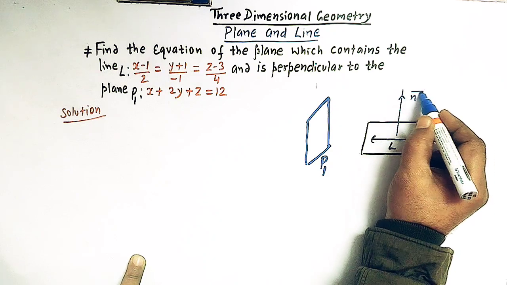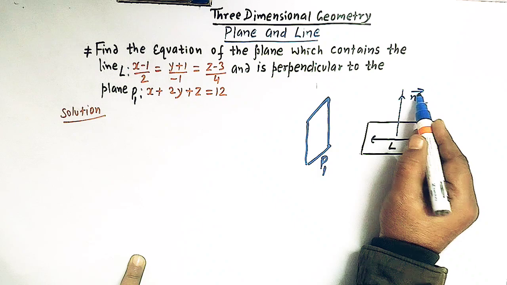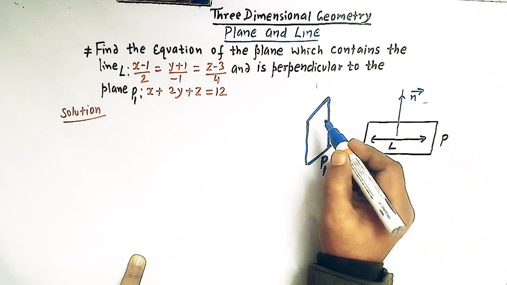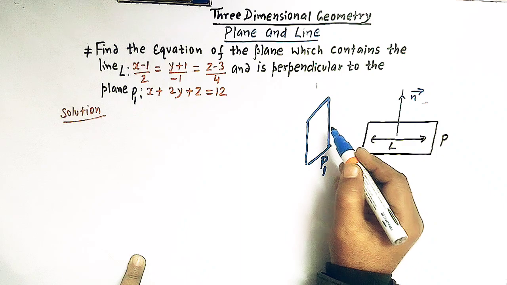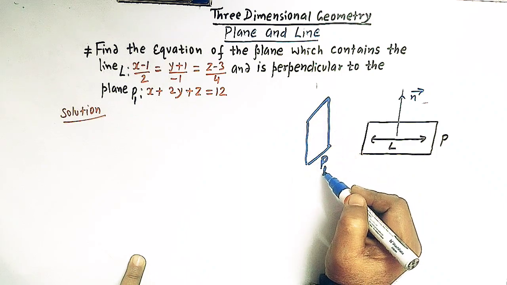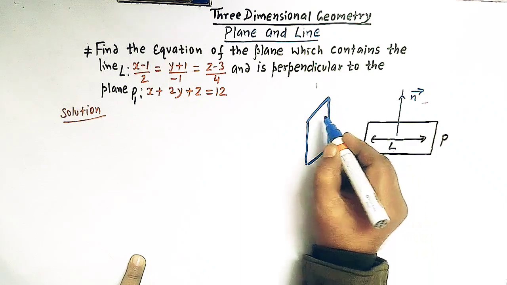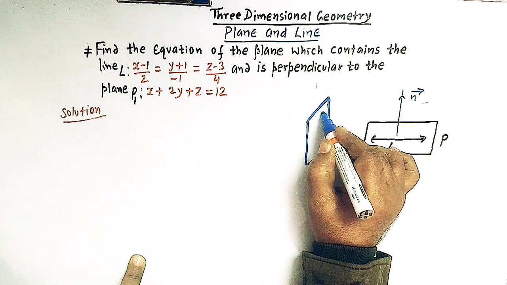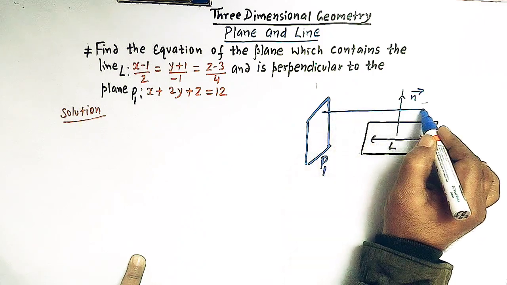Now let us assume that the normal to this plane P is given by the vector n, so vector n is the normal vector to plane P, and let us assume that the normal vector to plane P1 is given by the n1 vector. Let us draw the n1 vector like this.